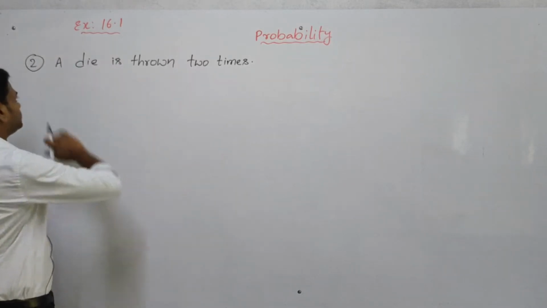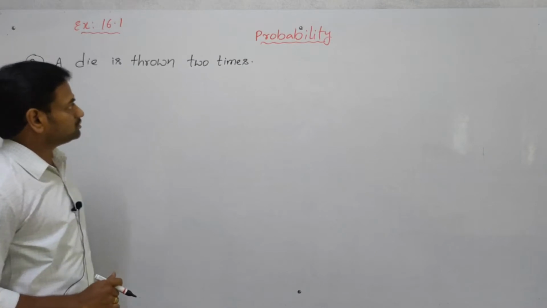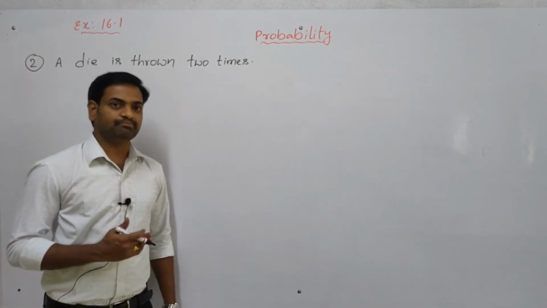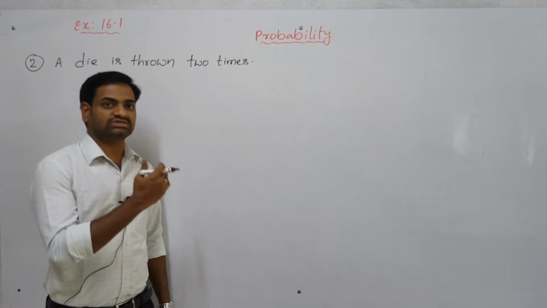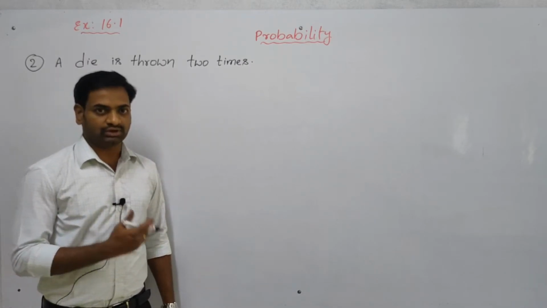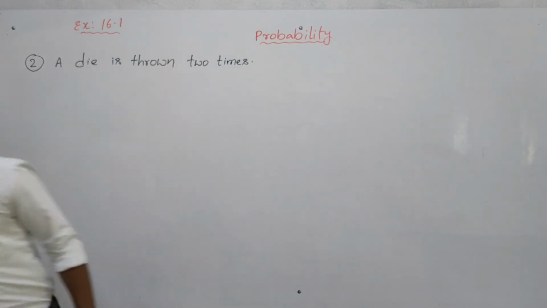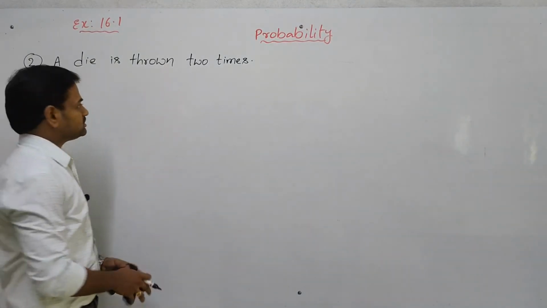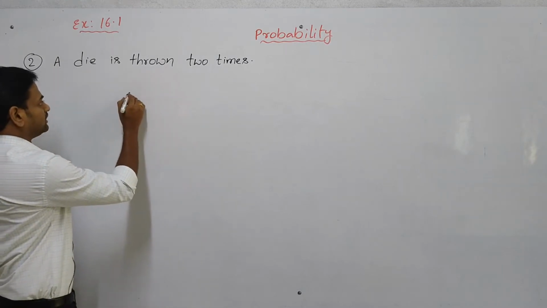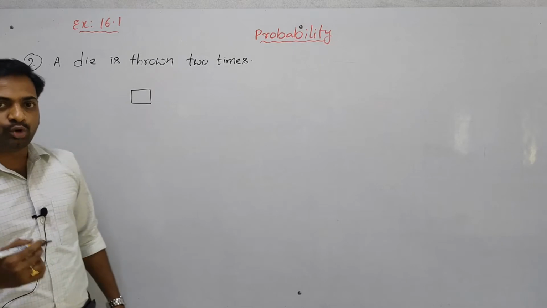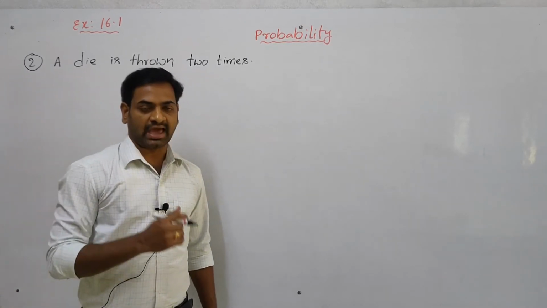Now see the second one. A die is thrown 2 times. Previously it was tossing a coin. Now it is throwing a die. How many faces does the die have?